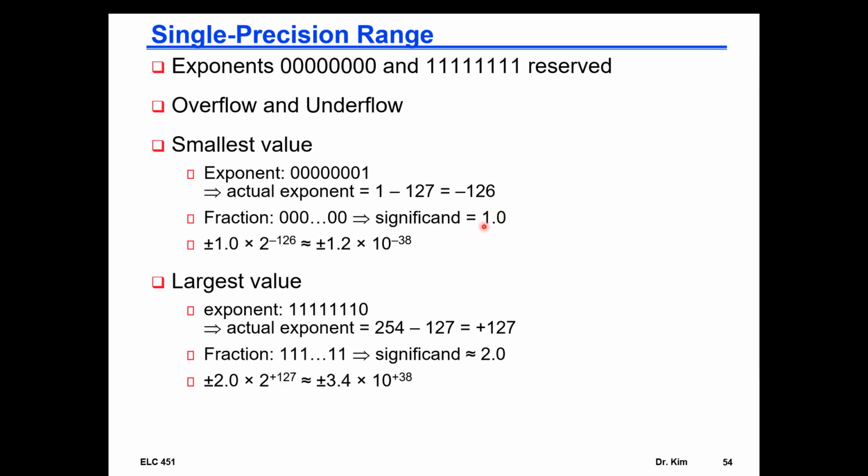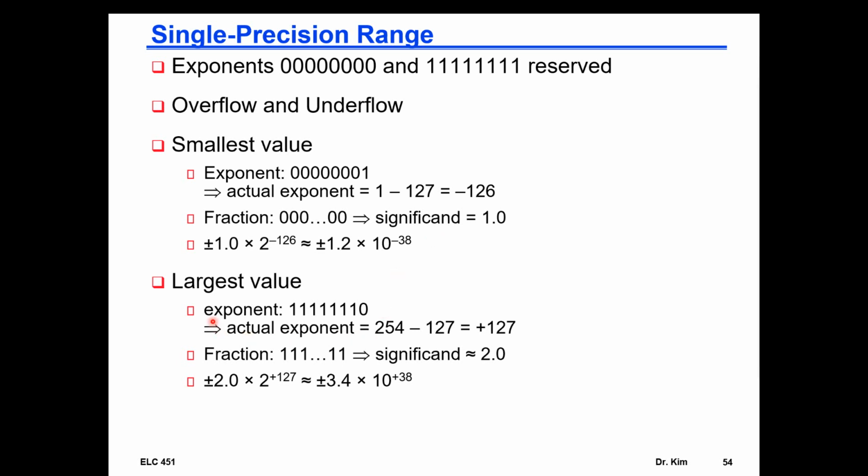So that gives you a range, because 2 to the minus 126, when you apply that, the range is plus or minus 1.2 times 10 to the minus 38. That is the smallest value that single precision can represent. Now let's look at the largest value.